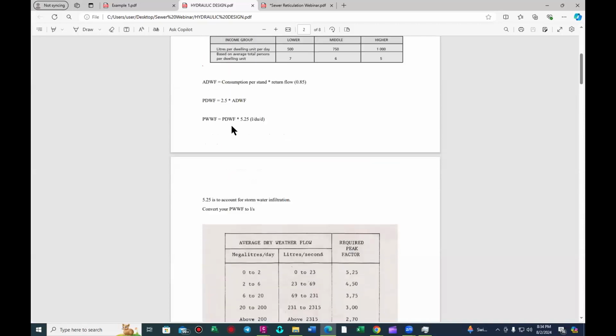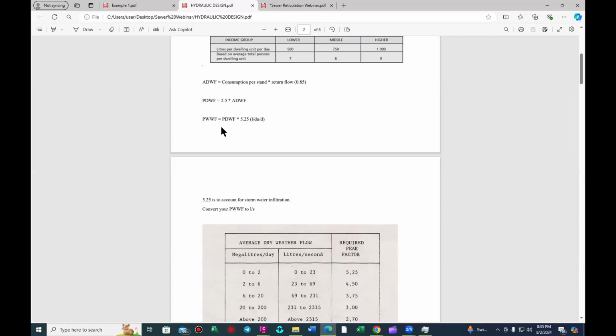Then after we do the peak factor, then we do what we call the peak wet weather flow, right? So the peak wet weather flow is now taking into account the water that infiltrates into your sewer system due to leakages and due to manholes. So your stormwater, no matter if you like it or not, is still going to infiltrate and find itself into your manhole. So we need to also account for it. Though it's not ideal, we just need to account for it.